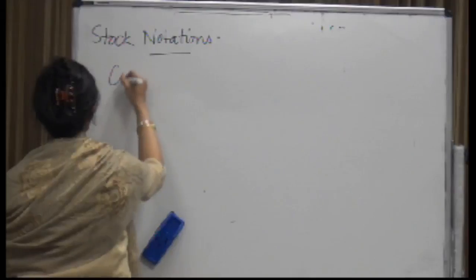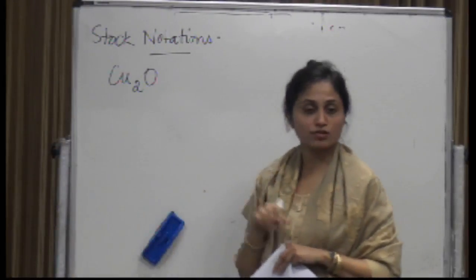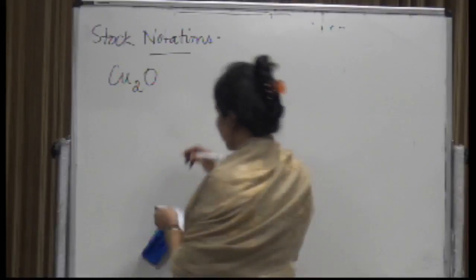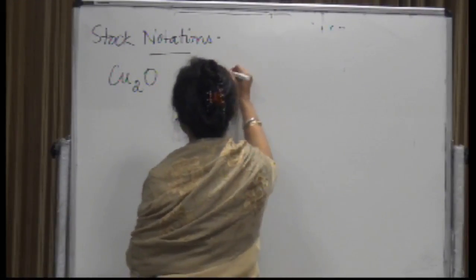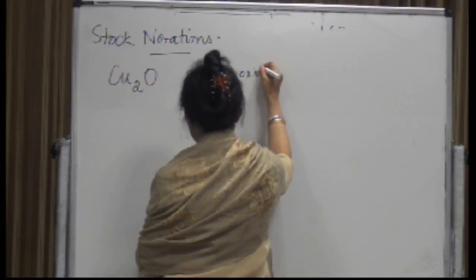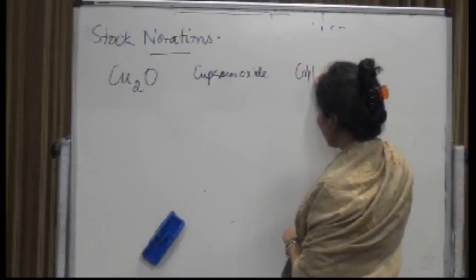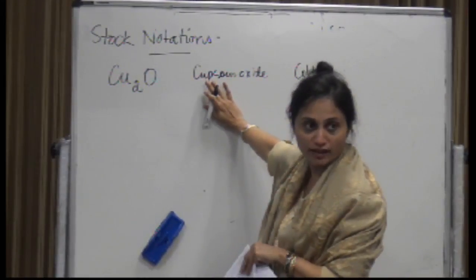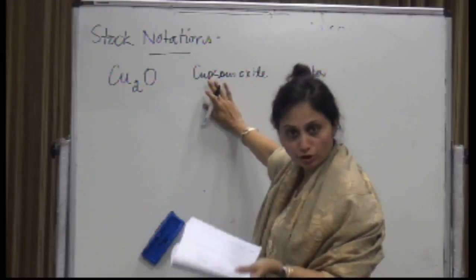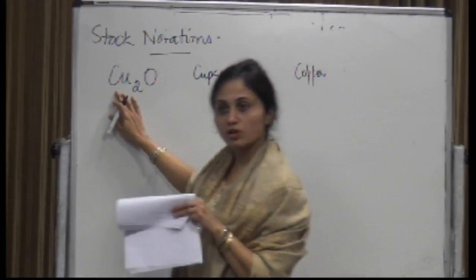For example, if I say Cu2O, find out the oxidation state of copper. It is cuprous oxide. That's the general name of the molecule. But if I have to write the stock notation for it, it is the name or the symbol followed by its oxidation number in brackets.